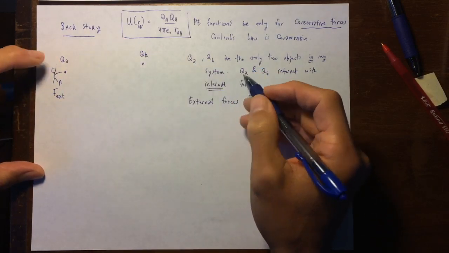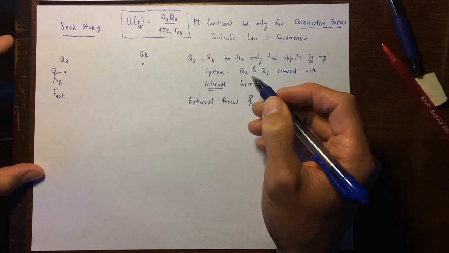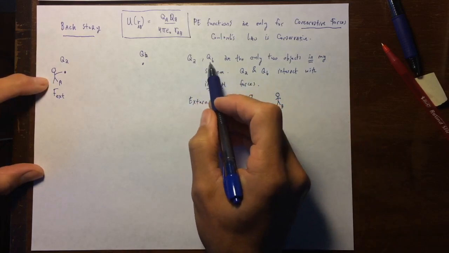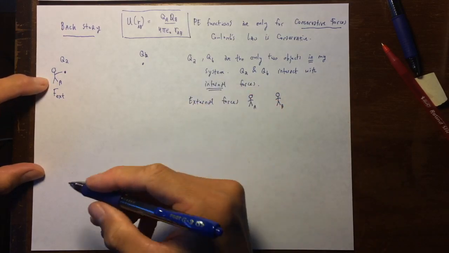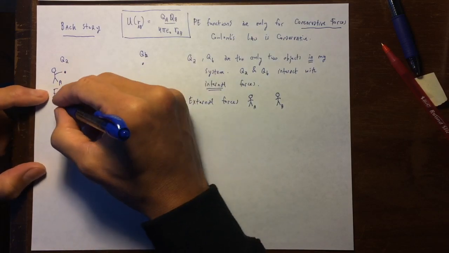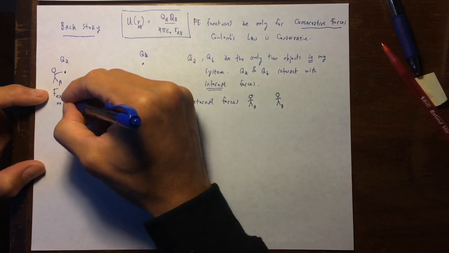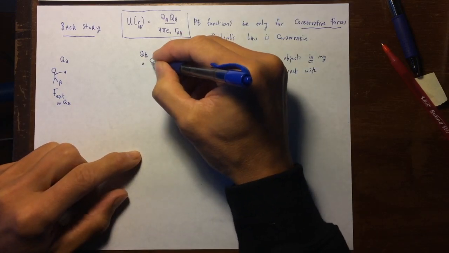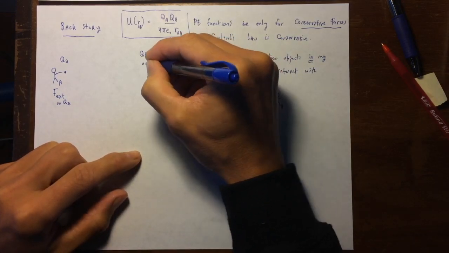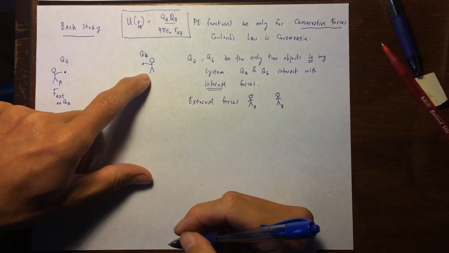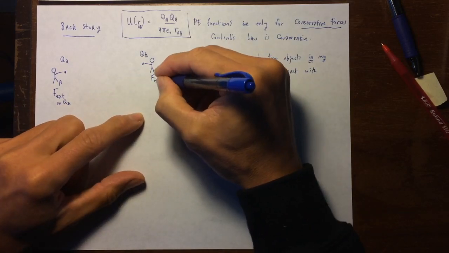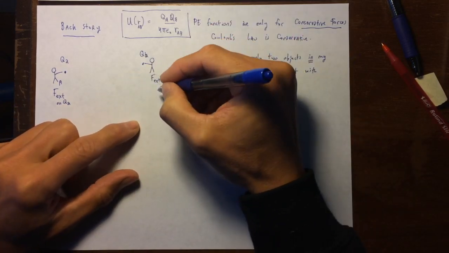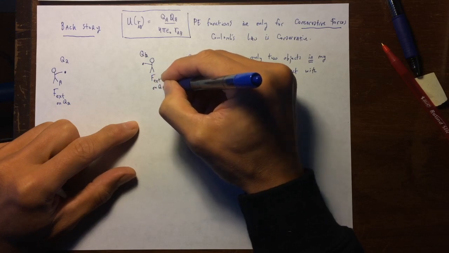Person A is external to the system because it is not one of the objects mentioned in the system list, and this will be an external force on charge A. And person B will also be an external forcing agent, applying an external force on charge B.